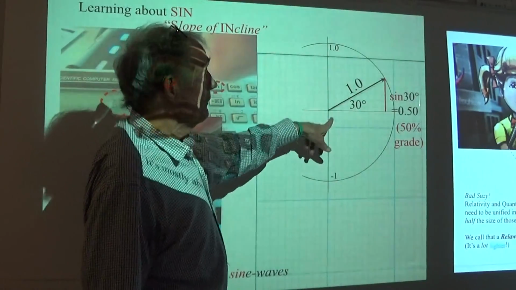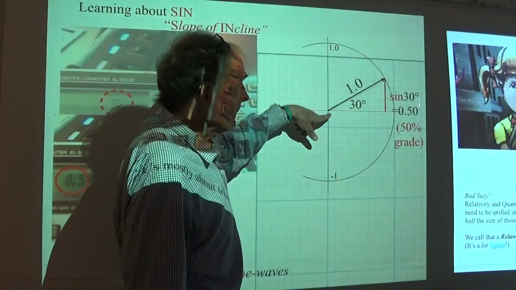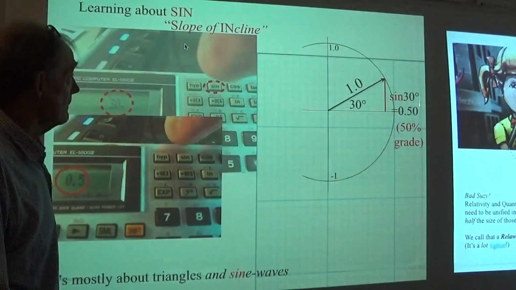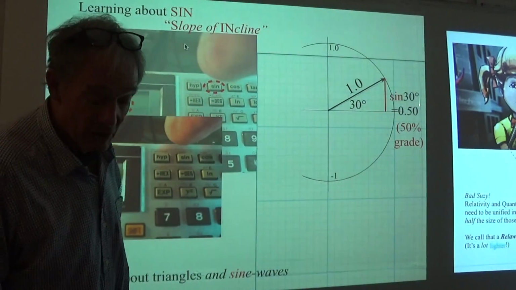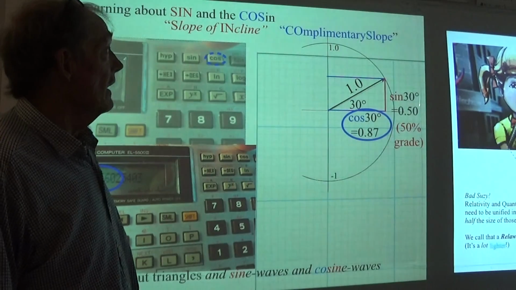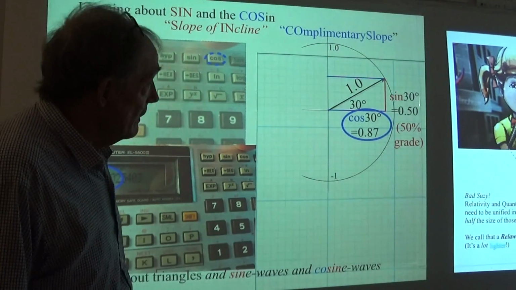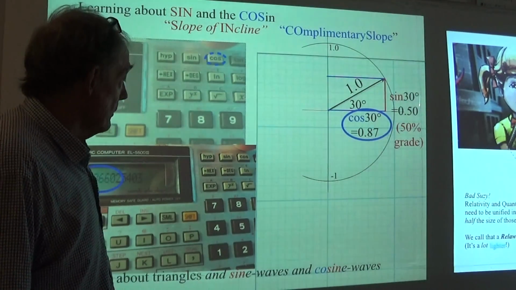That is the ratio of how much altitude you gain for a distance that you travel along a hypotenuse. And it's so easy now to not have to look at a table. You push a button to get the numbers that go with that. And then there's another button right next to it usually. There's the complementary slope, and the cosine is part of our thing.